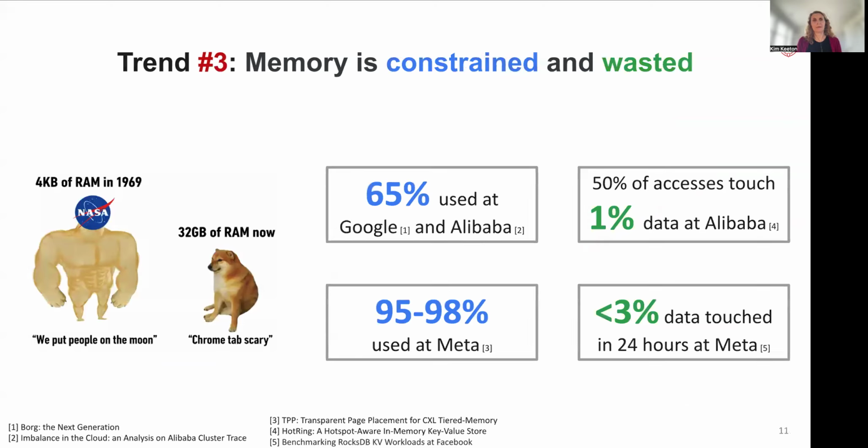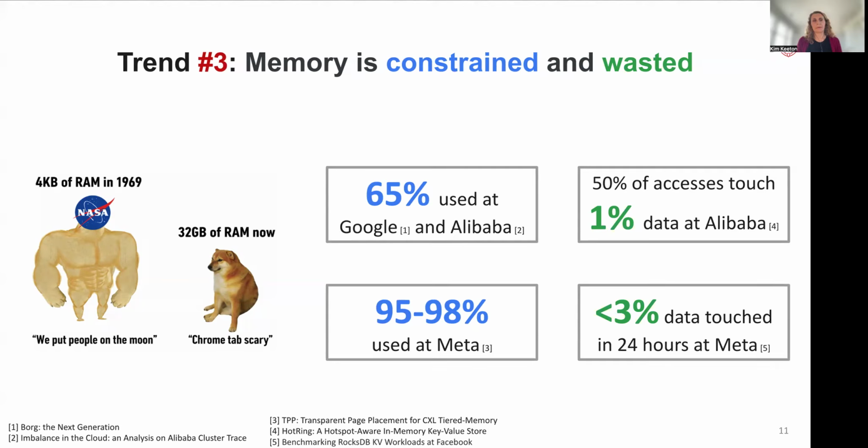And the third trend is actually highlighting that memory remains a constrained resource today in data centers. At Google and Alibaba, 65% of memory is allocated, and at Meta, it's even worse: 90 to 95% of memory is actively allocated and used. But interestingly, a lot of this memory ends up being wasted.